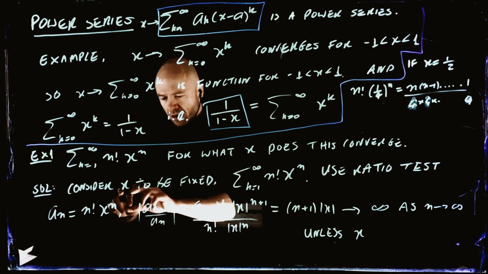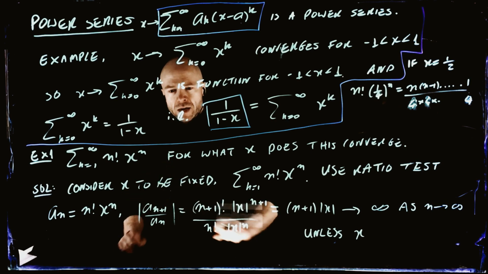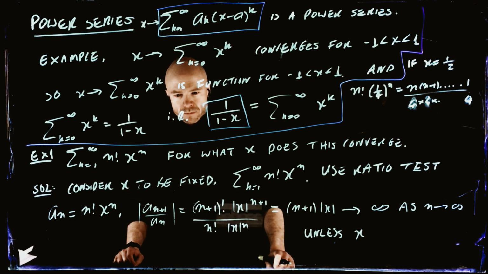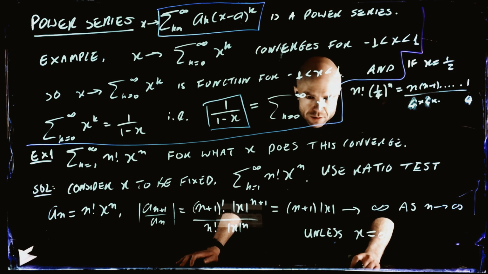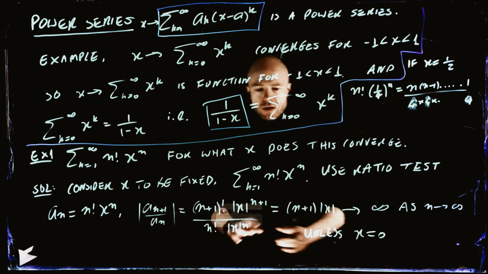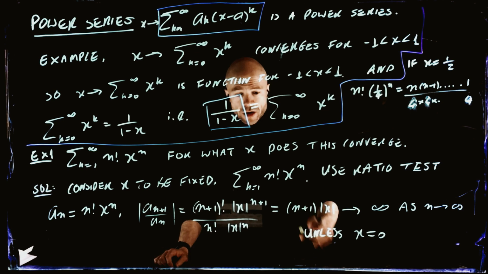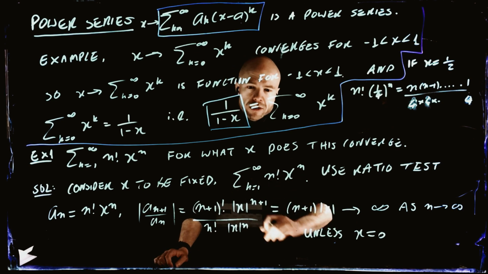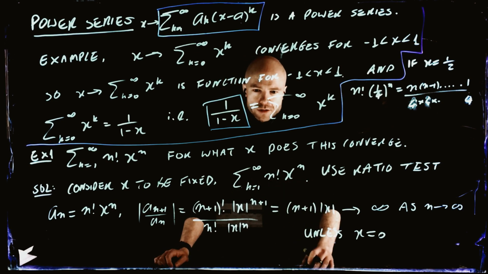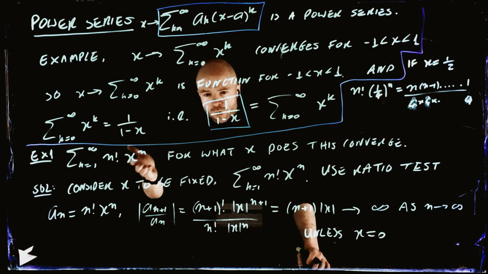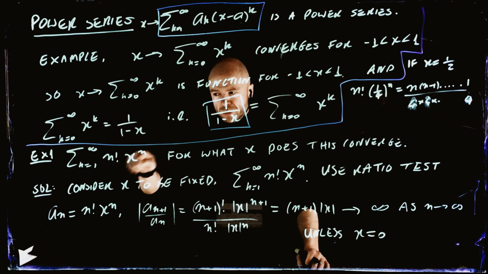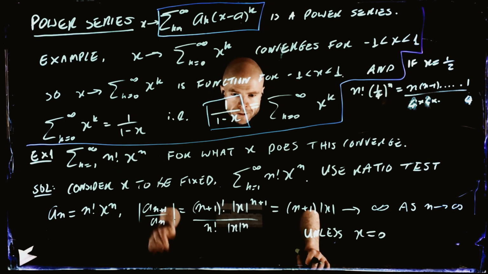We've just chosen it, so it can't move with respect to n. 0, yeah? 0. So unless x equals 0, then this thing doesn't converge, and this power series has no meaning. It doesn't converge. Yeah? So this power series, I mean, formally we can write it down, but it's a really boring one because it has literally no meaning unless we stick in x equals 0. Yeah?